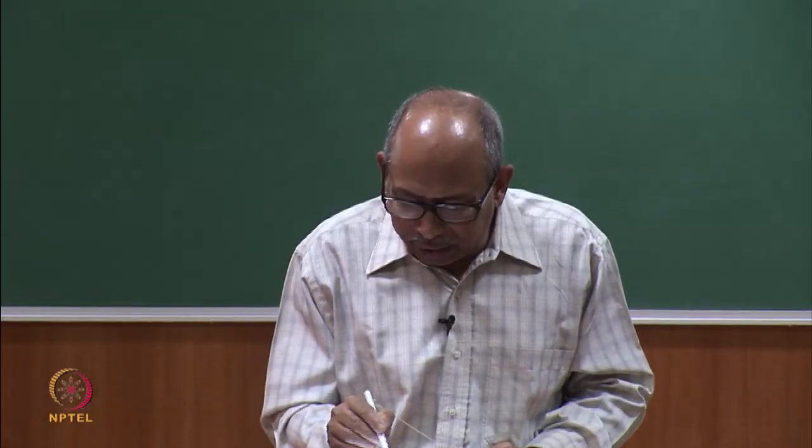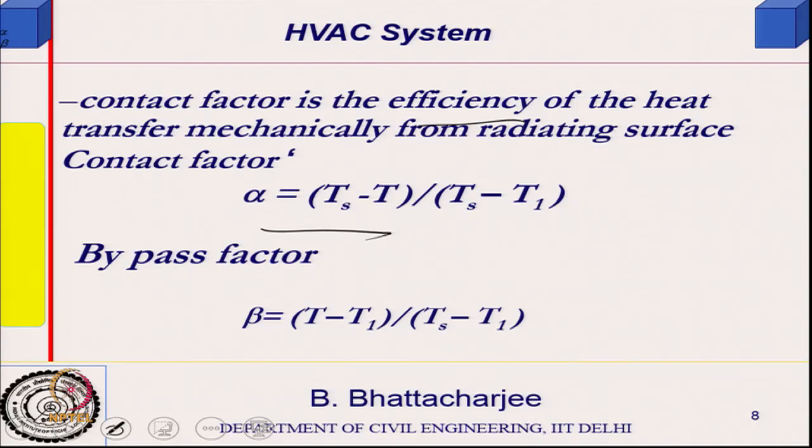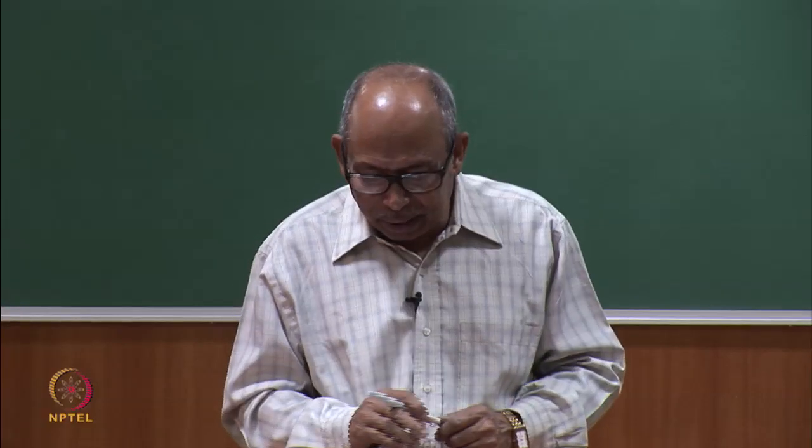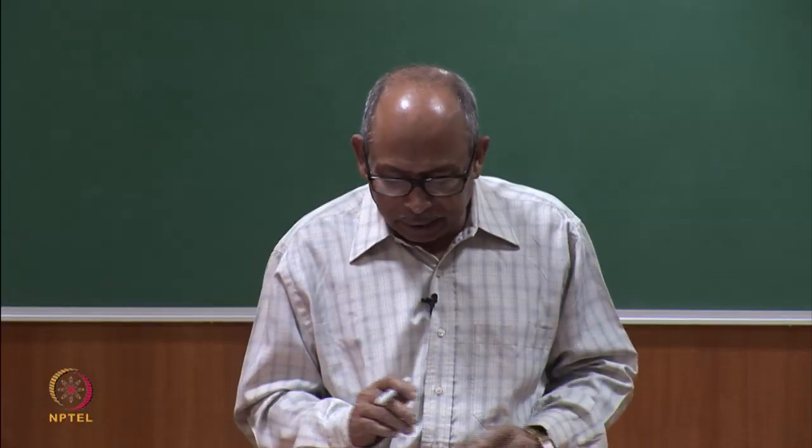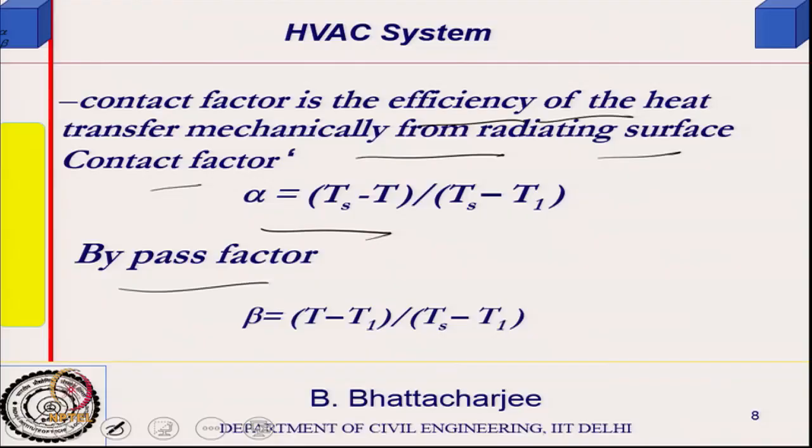So, there is something called contact factor. Contact factor is the efficiency of the heat transfer mechanically from a radiating surface. This is more important for heating actually, because there the radiating surface temperature is pretty high, room temperature is lower, and alpha is what is called contact factor, beta is bypass factor. So, the sum total of these two is equal to 1.